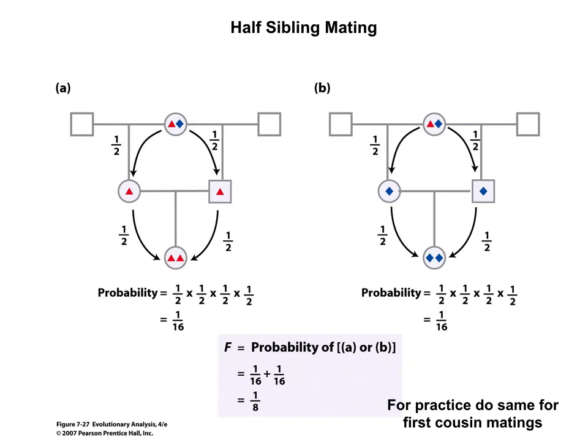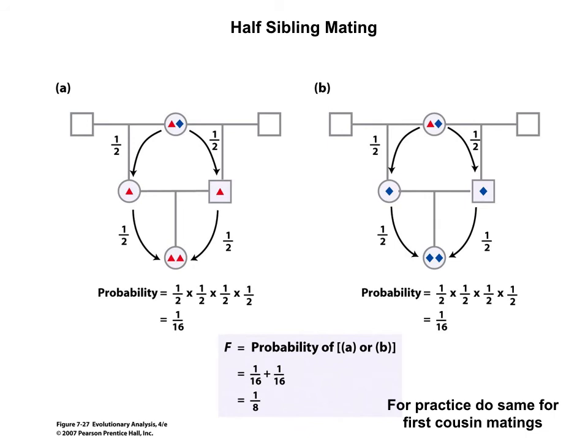Here, the inbred individual at the very bottom is inbred because they are the result of a mating between half siblings, and the common ancestor is the grandma. And so if we go back to the grandma, and we color code one particular gene, making one of the alleles the red triangle and the other allele the blue diamond.